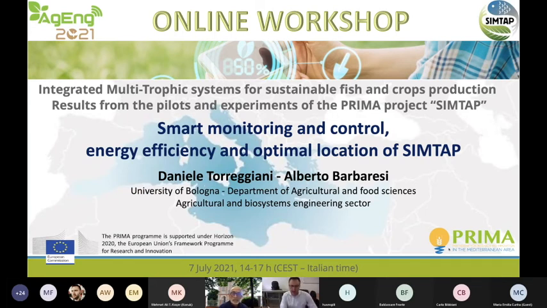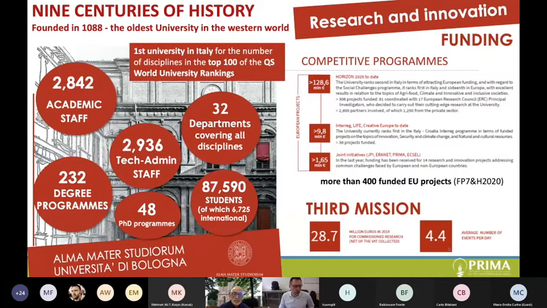Let me first very shortly welcome you to the University of Bologna, which is considered the oldest university in the Western world and the first university in Italy based on the QS World University Rankings, with more or less 3,000 professors and researchers and 3,000 technical staff, more than 30 departments, and around 90,000 students.